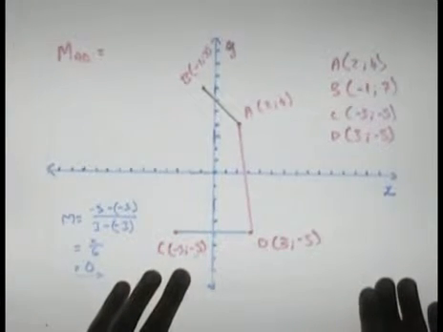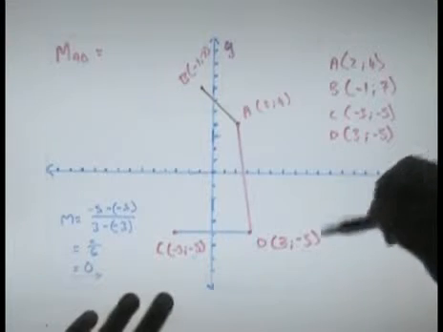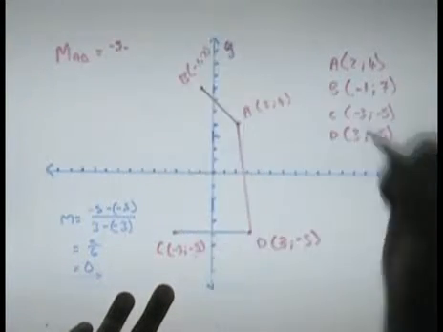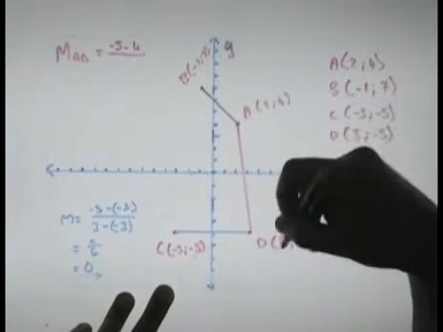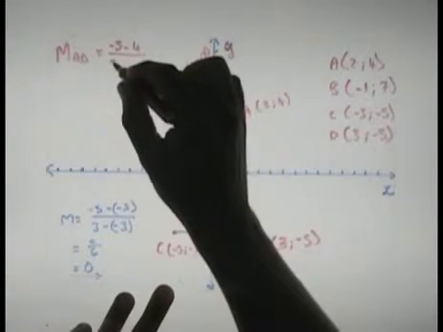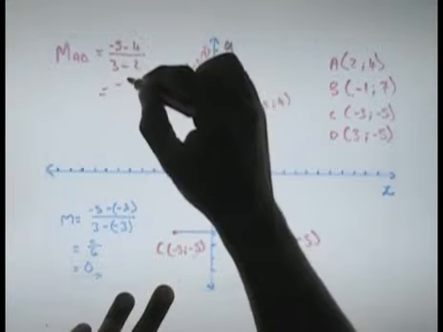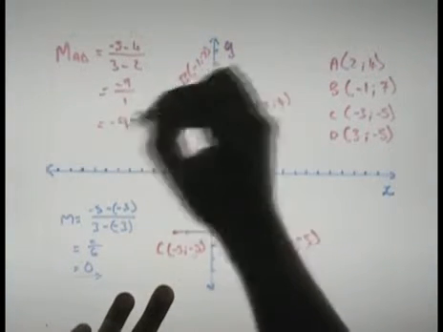Change in y over change in x, or rather y2 minus y1 over x2 minus x1. y2 is minus 5 minus y1, which is 4, divided by x2 minus x1, which is going to be 3 minus 2. Minus 5 minus 4 is minus 9. 3 minus 2 is 1, which gives us an answer of negative 9.